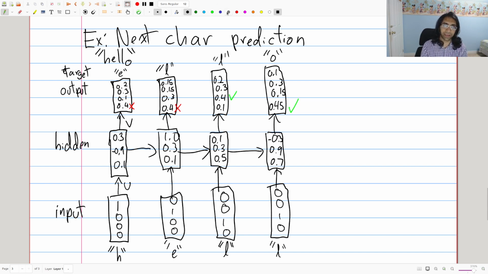So instead, if you were doing something like this in practice, at test time, what you would do is you would feed the outputs into the next input. So for example, from here, you'd have some sort of output, and then you'd feed that, and that would become the input for the next thing. And similarly, it would have a next character prediction, and it would be the next input, and so on like this.